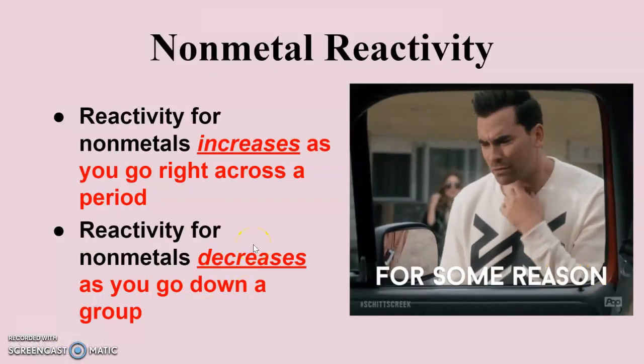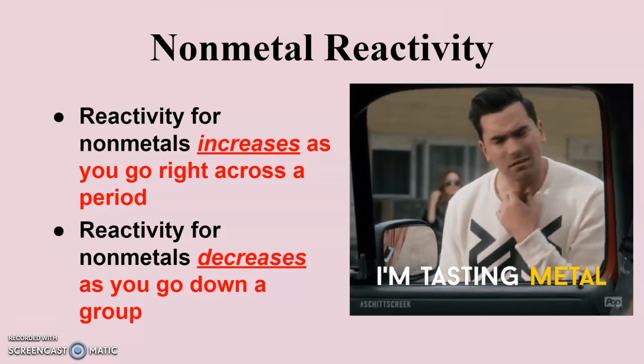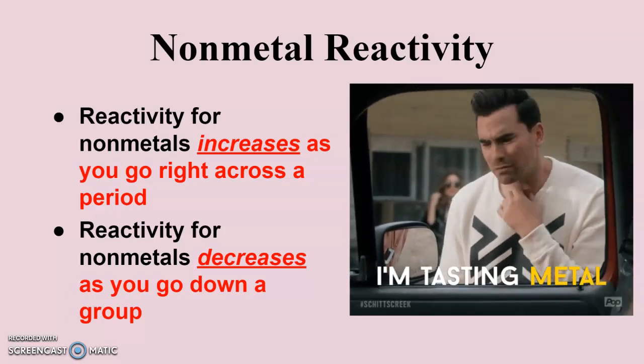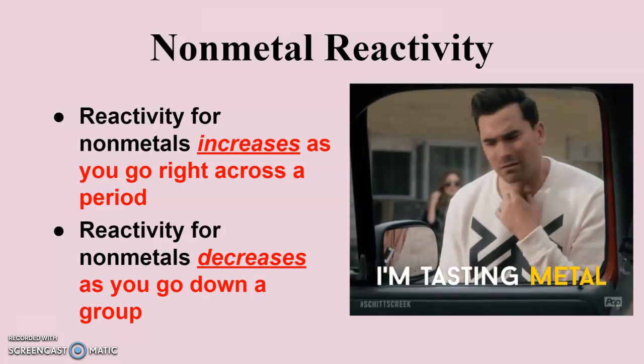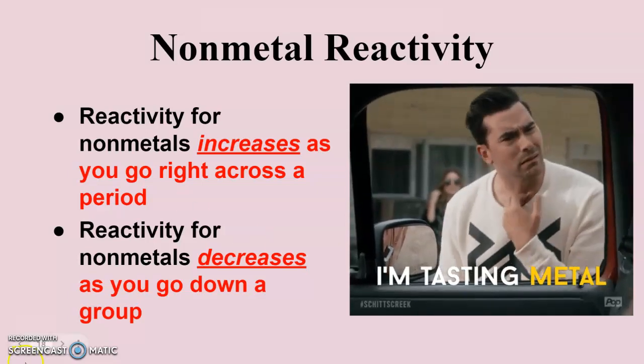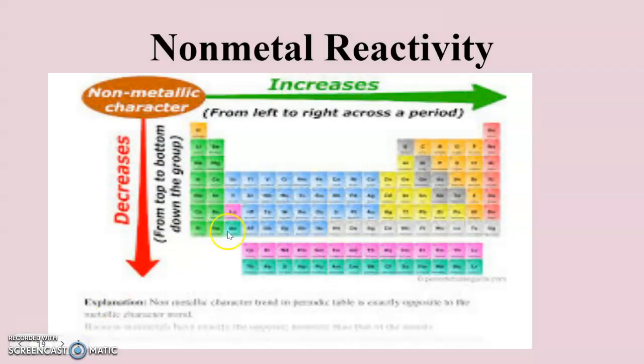Reactivity for nonmetals increases as you go right across a period and decreases as you go down a group. Again, reactivity is just how likely an element is to react with another element. So nonmetallic character increases from left to right.